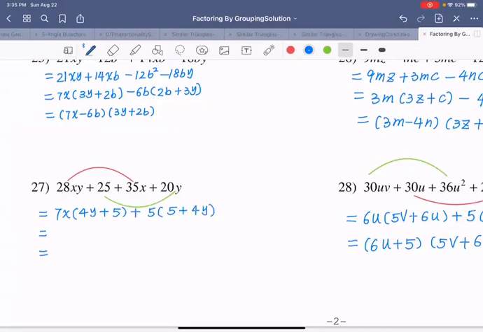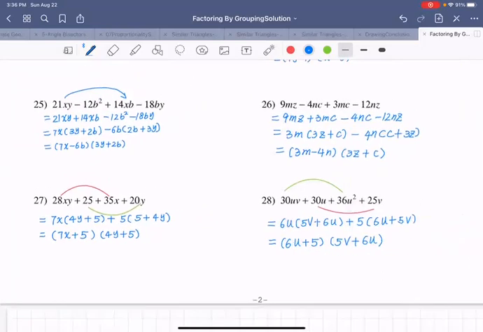What is the common factor now? 4y plus 5, 5 plus 4y. They are the same, correct? So we can write down 4y plus 5. And this we write down 7x plus 5. Does this make sense to you now?